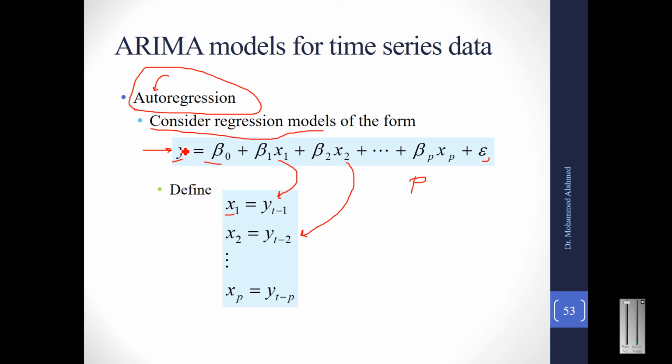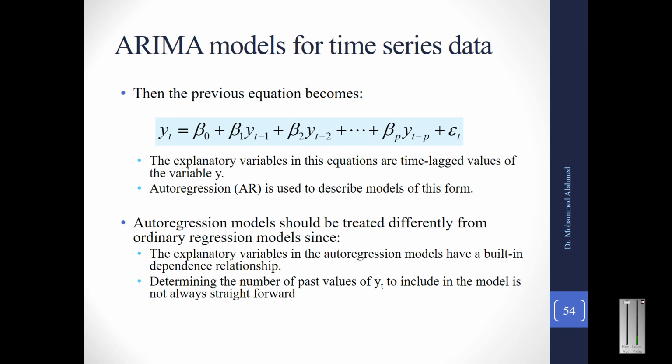So this is basically autoregression. We replace x1, x2 up to xp by yt minus 1, yt minus 2 up to yt minus p. So the explanatory variables in this equation are time lagged values of the variable y.